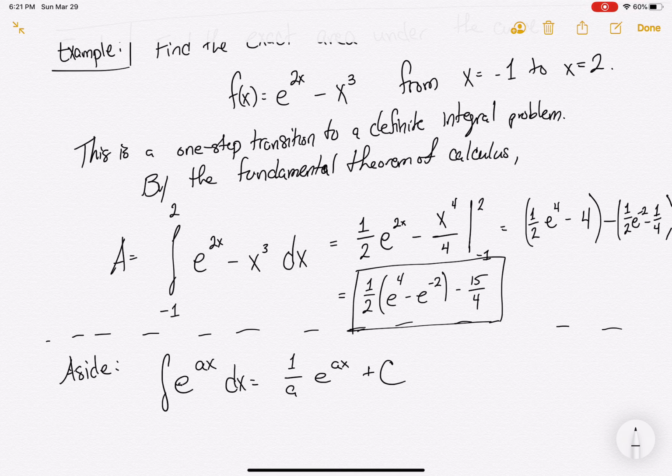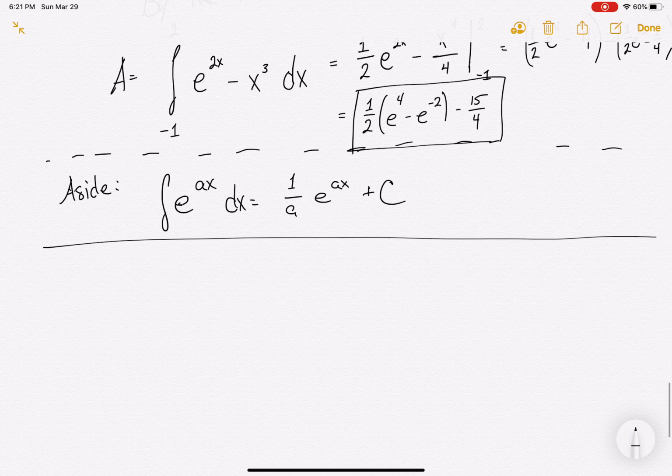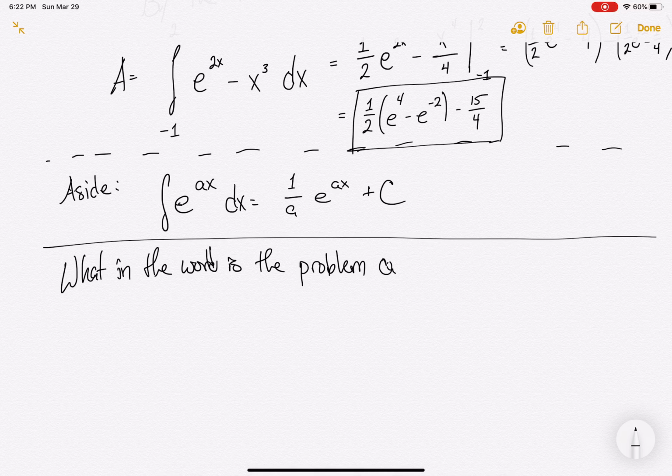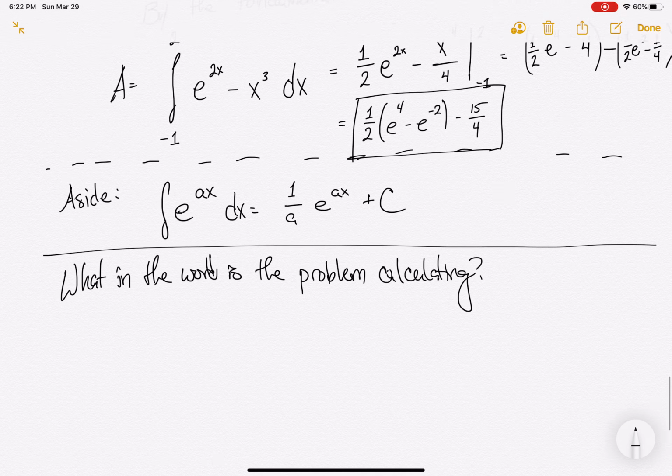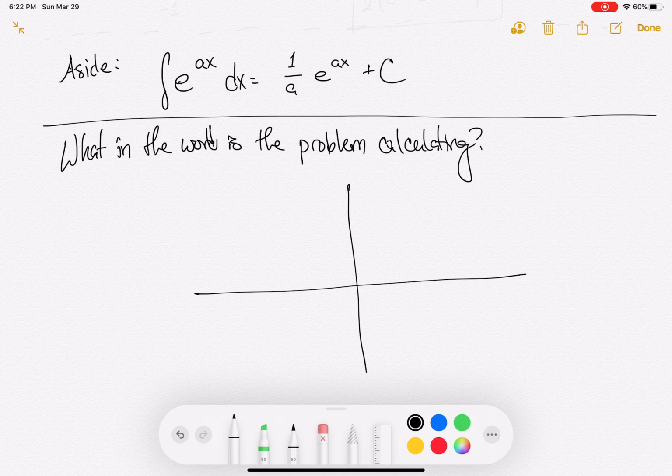Looks crazy, right? What is this actually calculating? I'll draw it on here for you. Let's draw my function e to the 2x minus x cubed. e to the 2x by itself looks something like this.